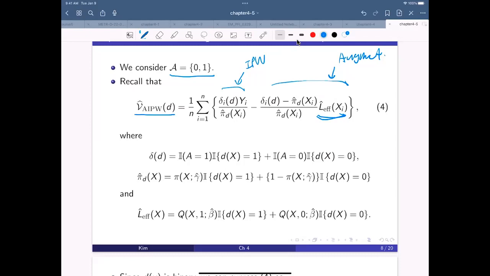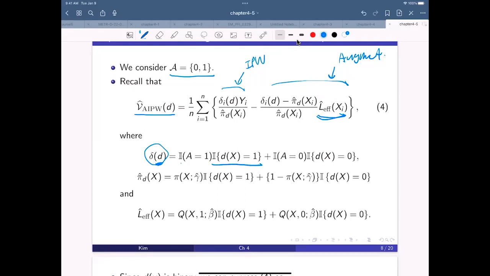Because everything is defined with respect to the potential outcome in terms of A, we need to rewrite it. Delta_D is the indicator of whether D(X) is consistent with A, right?